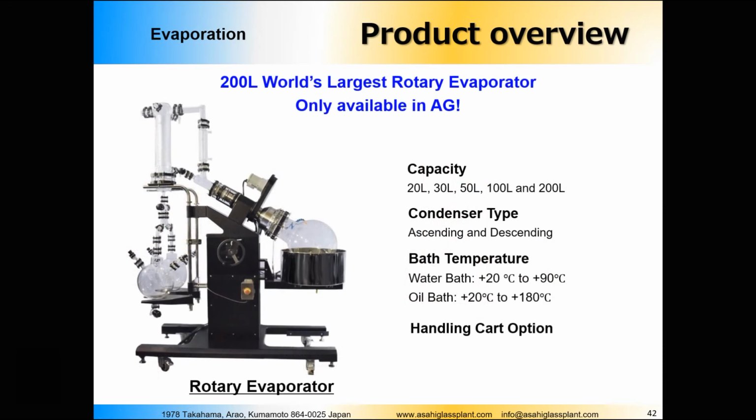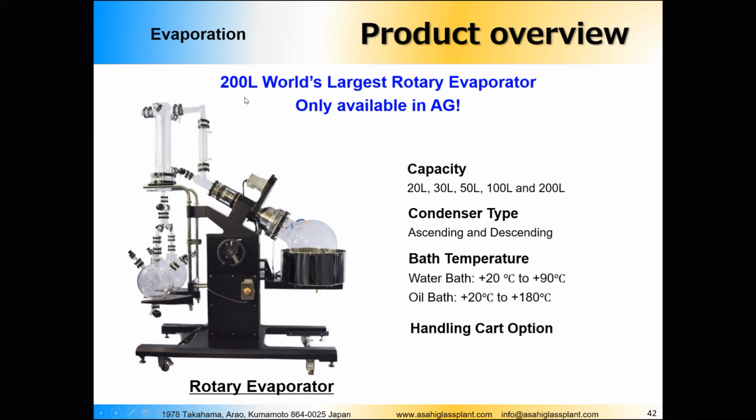The sizes of the rotary evaporators that Asahi offers are 20, 30, 50, 100 and 200 liters. Condenser type: ascending, descending. Bath temperature standard range: water bath up to 90, oil bath up to 180. There is a handling cut option, which I will talk about on the next slide.